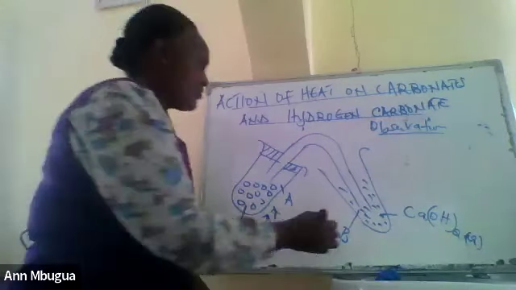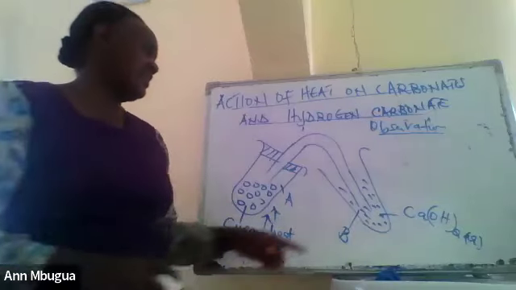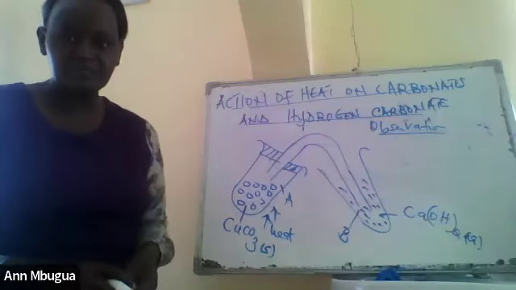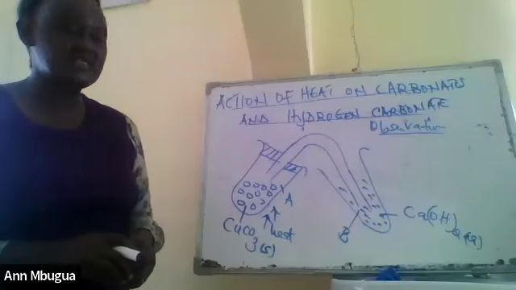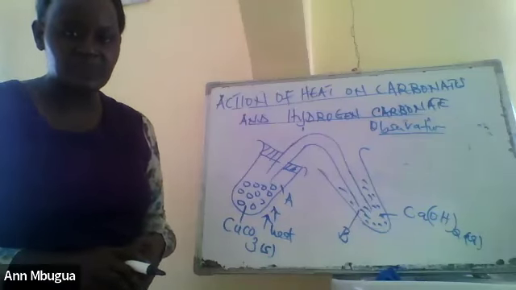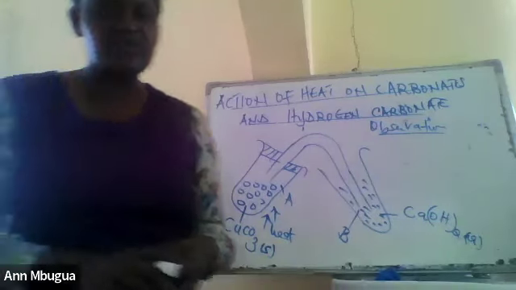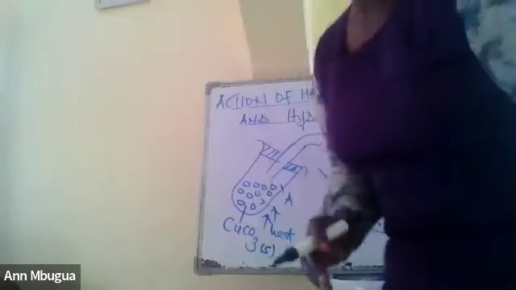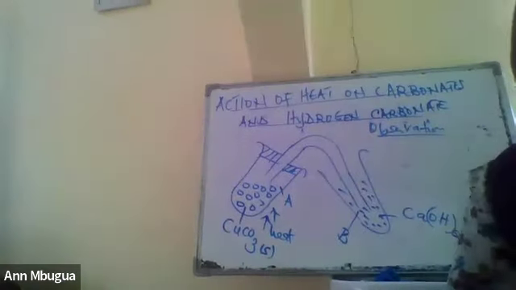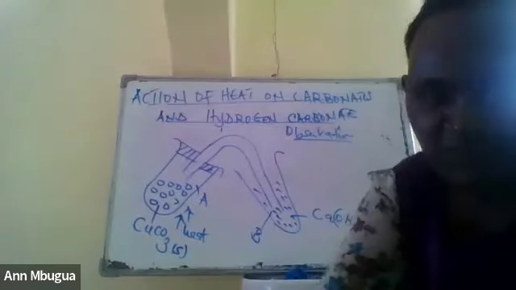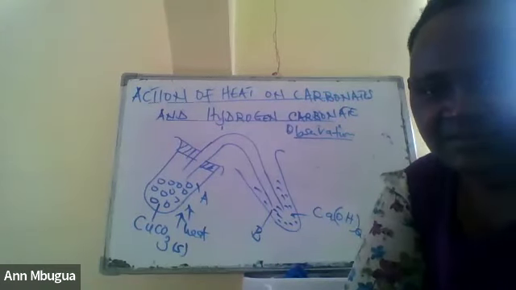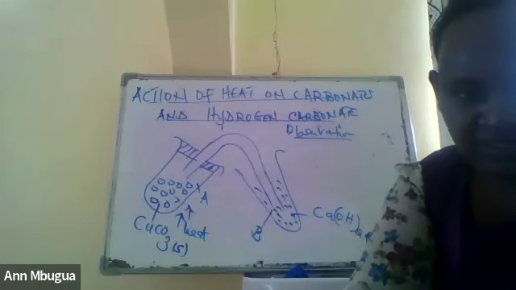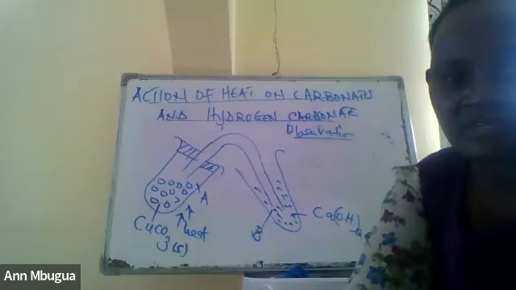What observations will be made in the test tube labeled B? This is something we've covered on the test of carbon 4 oxide. I believe you can give me some response on that. Someone is asking about the color of zinc carbonate.